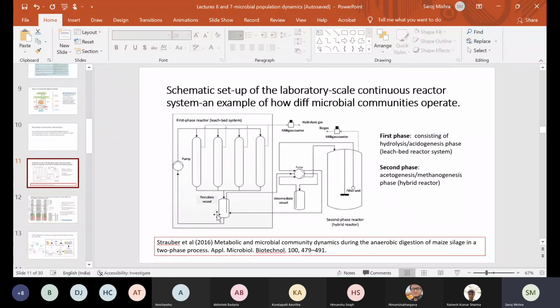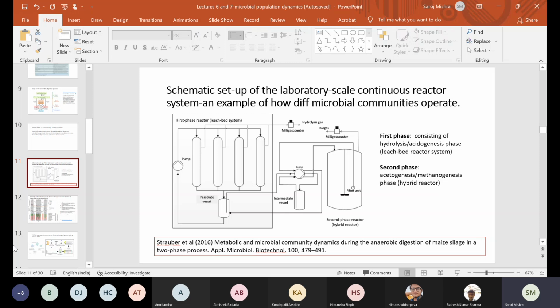What it gives you is a handle on monitoring the performance of a bioreactor. And if there is a need, one can also bring about a change, because in an ideal reactor, when you are getting very good methane formation, there is a certain microbial community distribution. So as you monitor the microbial community dynamics in your reactor, you are able to monitor the reactor performance.